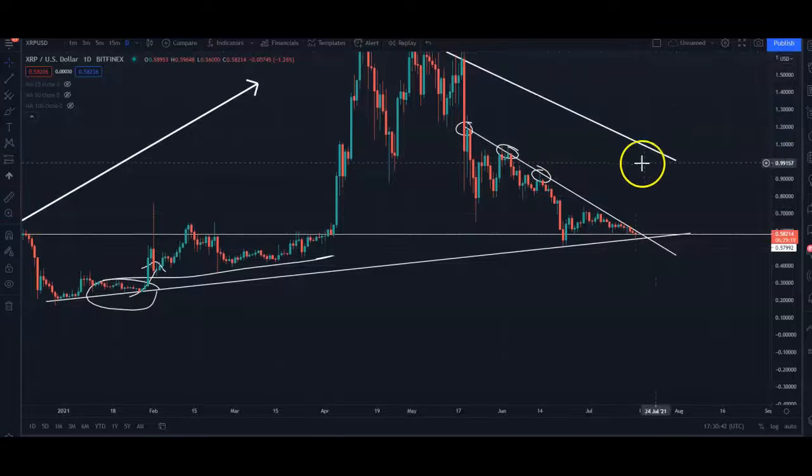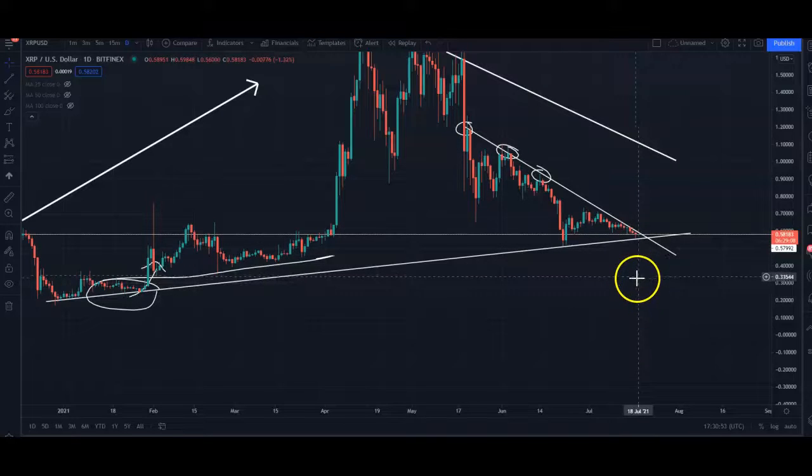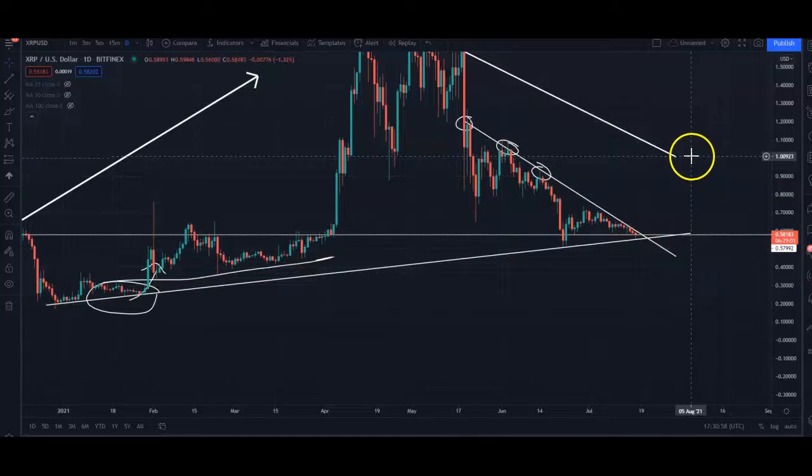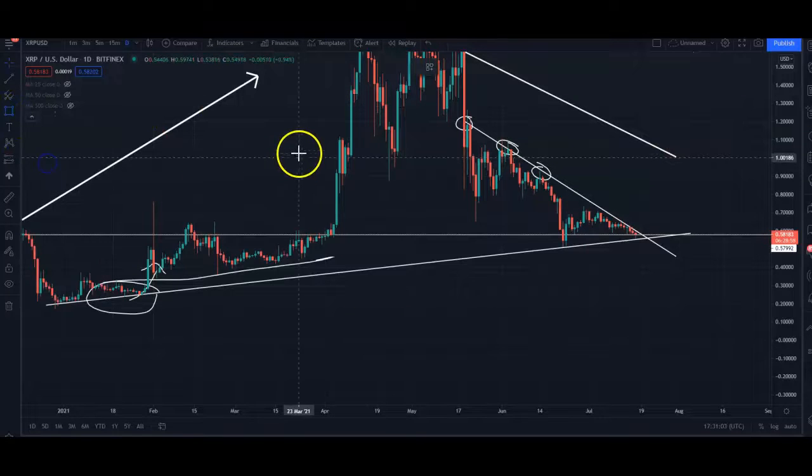Is it going to push to the upside and get rejected off of this trend? Or is it just going to break this uptrend and come down to the lower end of support, which would probably be right around between 35 and 26 cents? Or are we going to see it push back up and test the dollar region, which would be this zone right here?